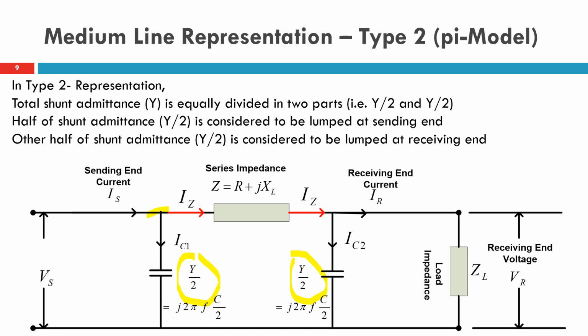The voltage across this Y by 2 is Vs, and the voltage across this Y by 2 is Vr, because we consider this Y by 2 lumped at the receiving end, so the voltage across it is Vr, and for the other the voltage across Y by 2 is Vs. This is a simple thing that you need to consider. Based on that, now we will start the derivation of the ABCD parameters.